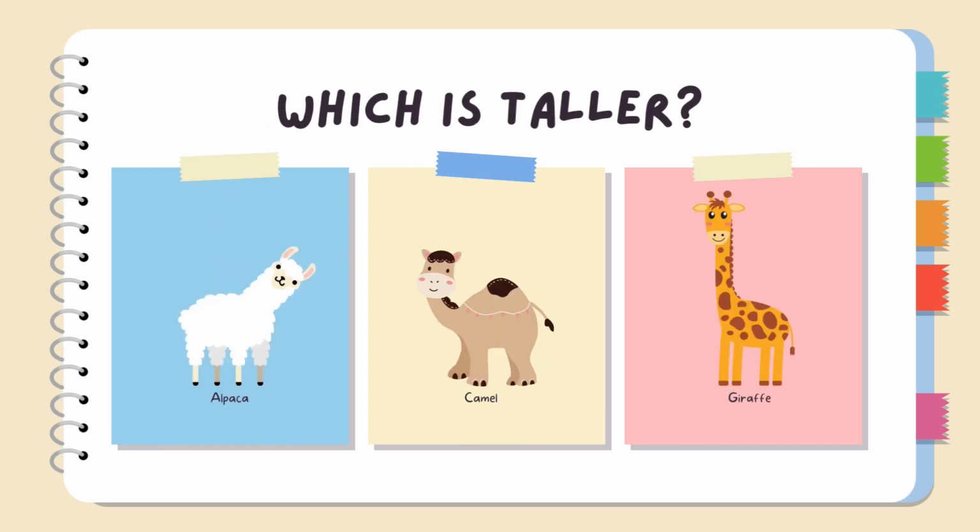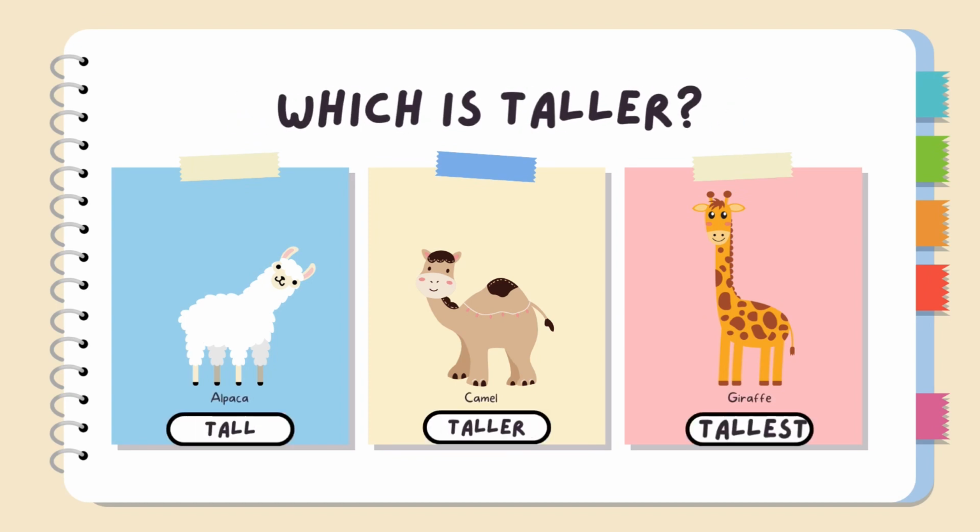Okay, if it is still unclear for you, now we have the next question, which is taller. So here we have three animals. One is alpaca, second is camel, and third is giraffe. So which one of them do you think is the tallest one? Okay, drum rolls.